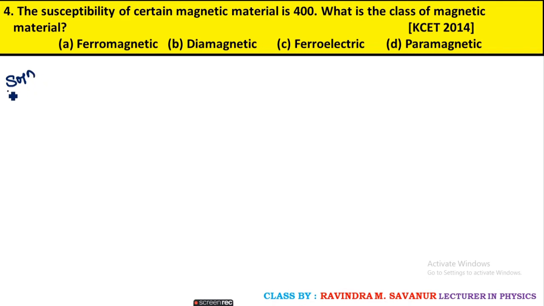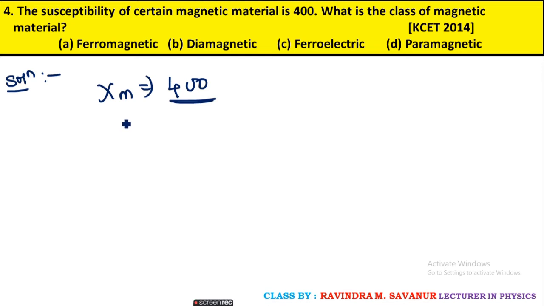So next question, question number 4. The susceptibility of certain magnetic material is 400. Then what is the class of the magnetic material? Look at here, the value is 400. 400 belongs to which magnetic material? You studied in the synopsis.